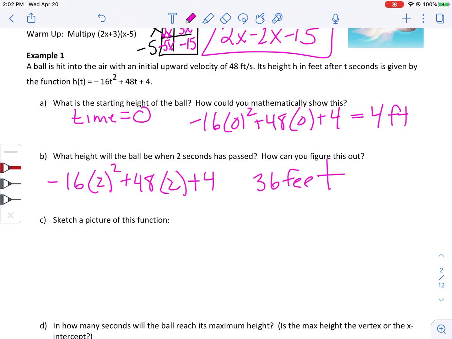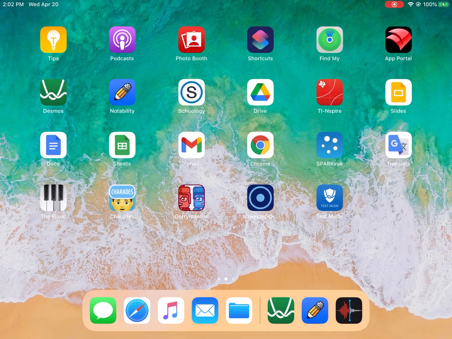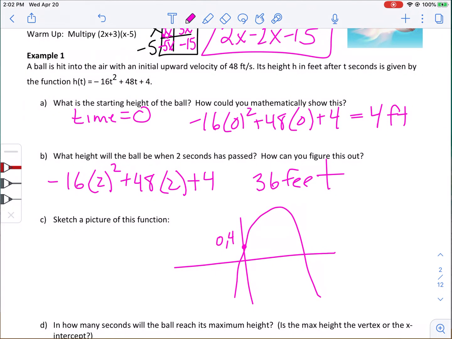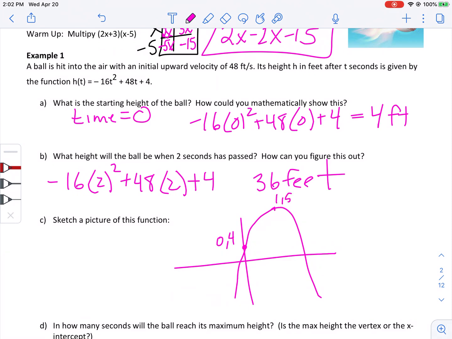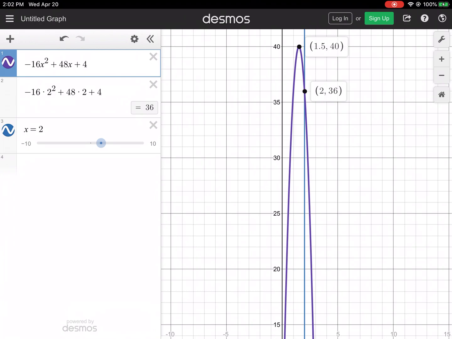So if we were to sketch a graph, I would ask that you have the y-intercept of 0, 4. Let's see what our max is and just put some of these important points on there. So the height, 1.5 and 40 is that vertex. Then what are those x-intercepts?